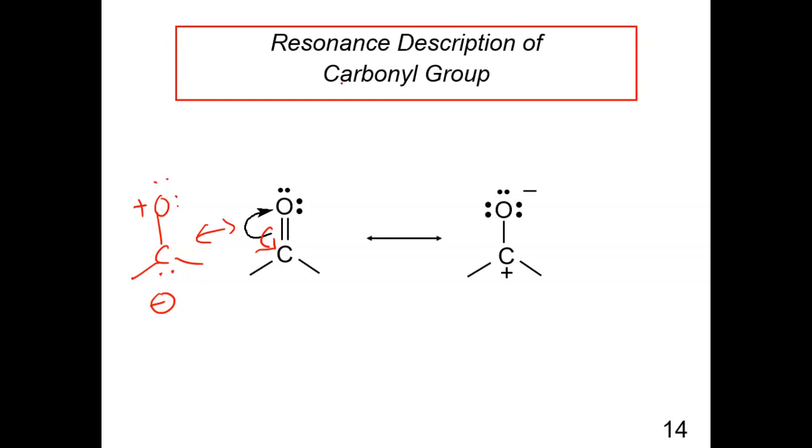Let's say if this one we consider 99.9% important, this one is probably 0.1% important, roughly, I'm not saying it's exact. The left side resonance form is so unimportant because you are placing a positive charge on the more electronegative oxygen atom. It's very unreasonable, but it's legal. Just say its contribution is so small you can ignore it. It's not illegal, just so bad.